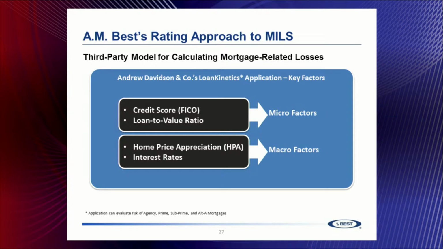The key risk factors included in the model can be broadly categorized into either micro factors or macro factors. Micro factors are loan level data. Among some of them are the credit score and loan-to-value ratio. Macro factors are macroeconomic factors. They are home price appreciation and interest rates. These two macro factors drive the default rates, severity, prepayment rates, and transition rates.